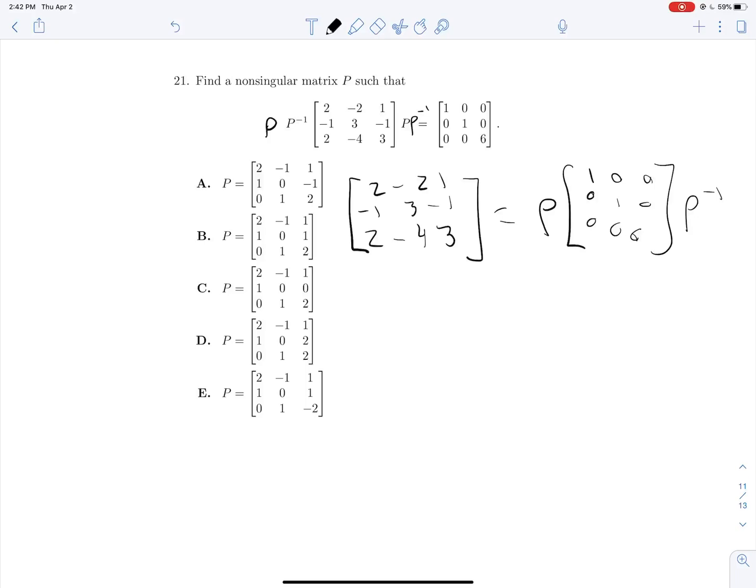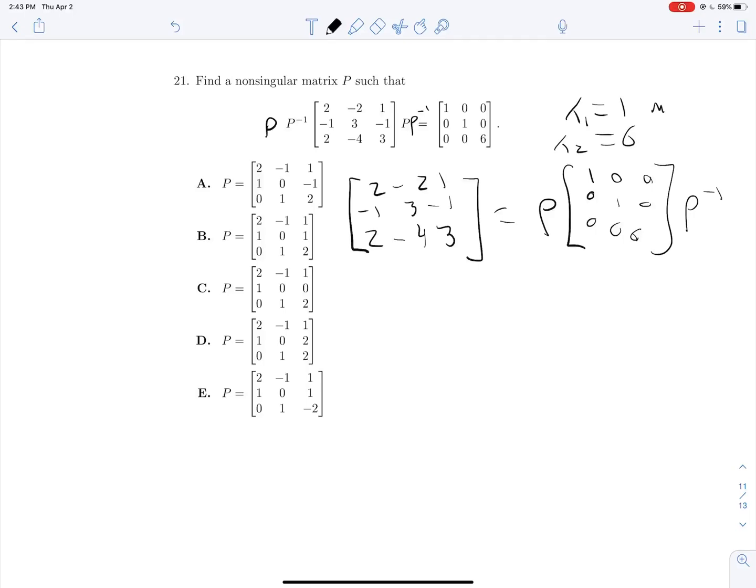So what this is telling us is that there is some matrix P such that this relation is true, implying that this matrix over here, we'll call it A, just to be simple about it, is diagonalizable. And since A is diagonalizable, we know that this diagonal matrix D encodes the eigenvalues of A. So lambda 1 is equal to 1, with a multiplicity of 2 here, and lambda 2 is equal to 6.